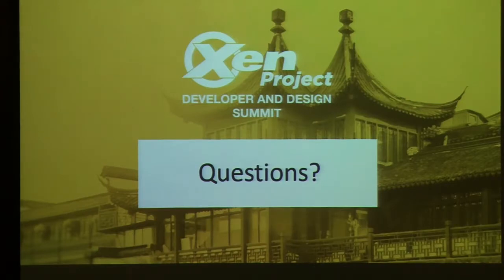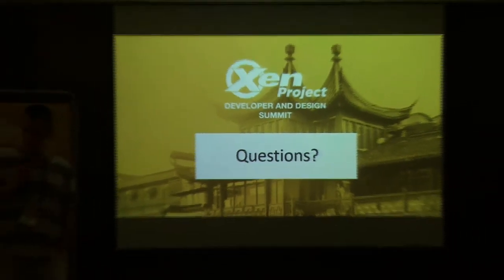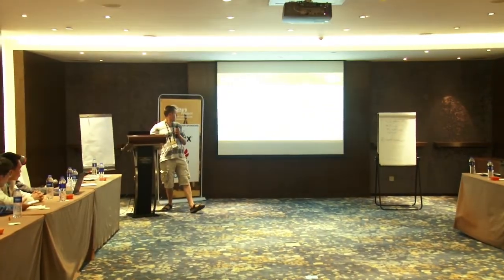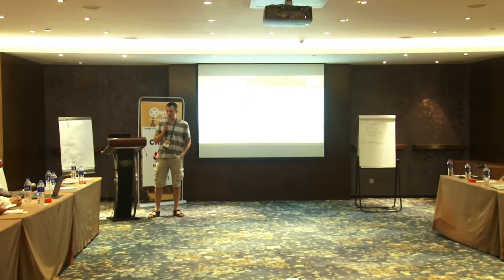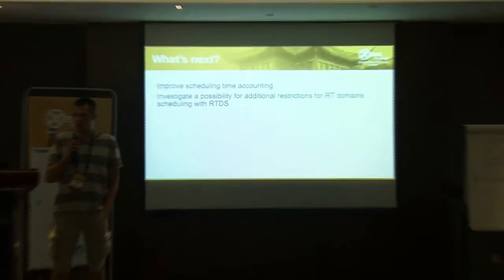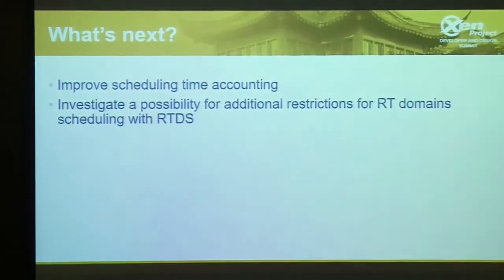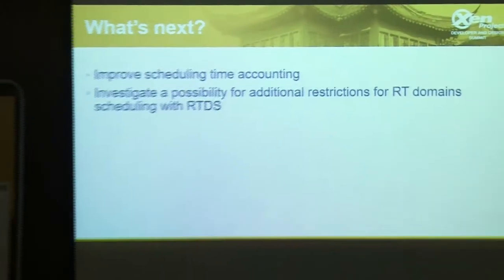That's all. Questions? Yeah. Do you have any idea why, even with the fix, the RTDS misses deadlines under heavy I/O? As I already said, the second point, maybe it's because the RT domain vCPU is interrupted by interrupts intended for other domains.